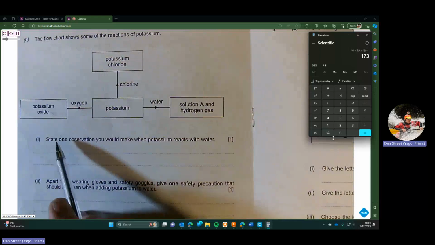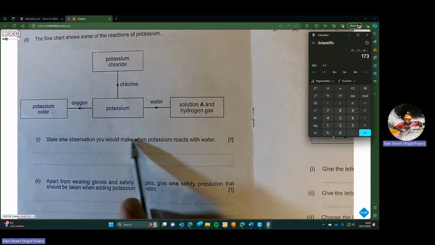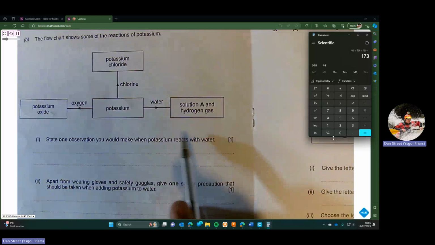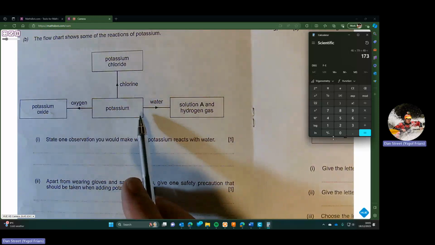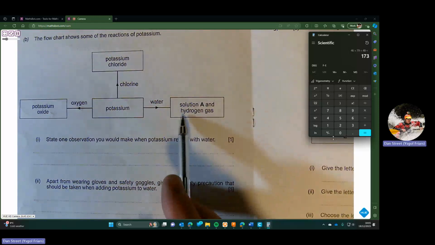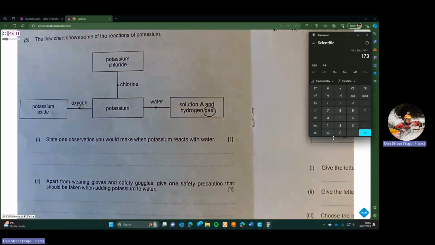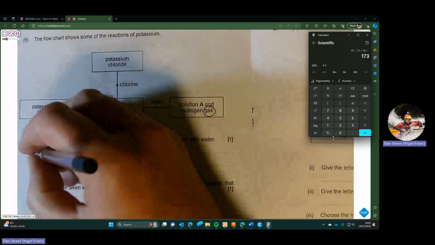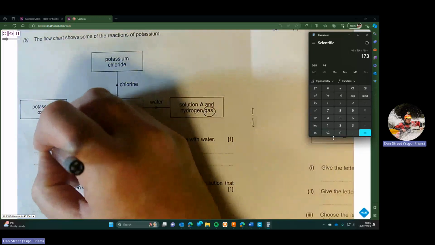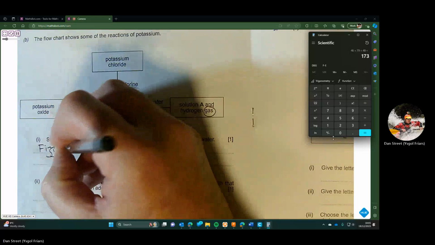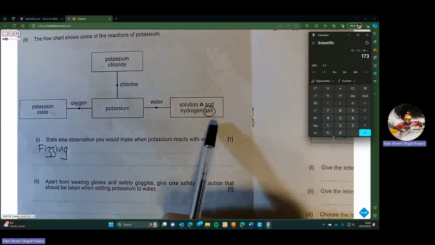The first question says, state one observation you would make when potassium reacts with water. In case you'd forgotten or hadn't revised this, you'll notice that it makes solution A and hydrogen gas. Whenever you see a gas being made, you can be confident you're going to see fizzing. So there will be fizzing because of the gas.